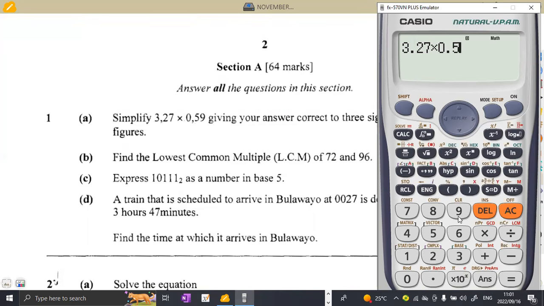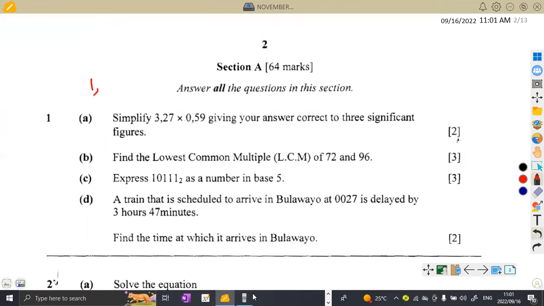If we multiply these two numbers, we are going to get 1,9293. But now we need it correct to 3 significant figures.